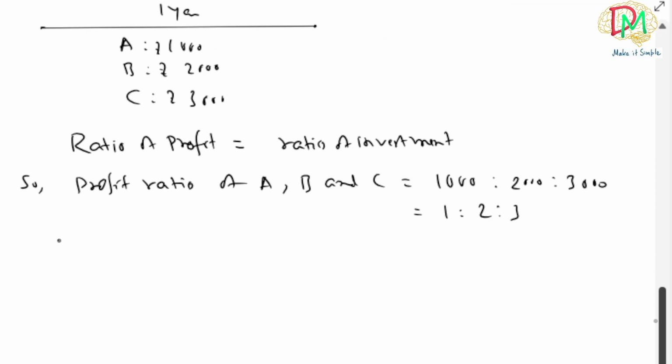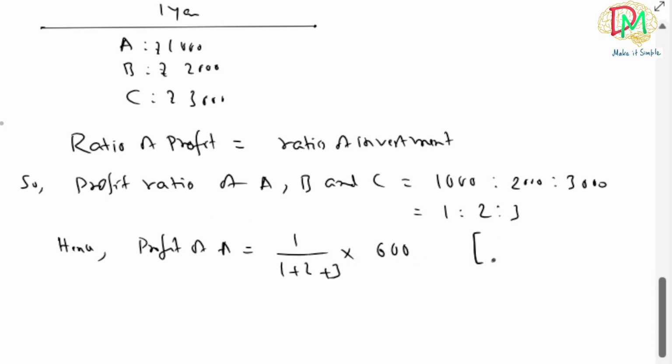So profit of A is equal to 1 by (1 plus 2 plus 3) into the profit amount. Total profit is equal to 600 rupees.